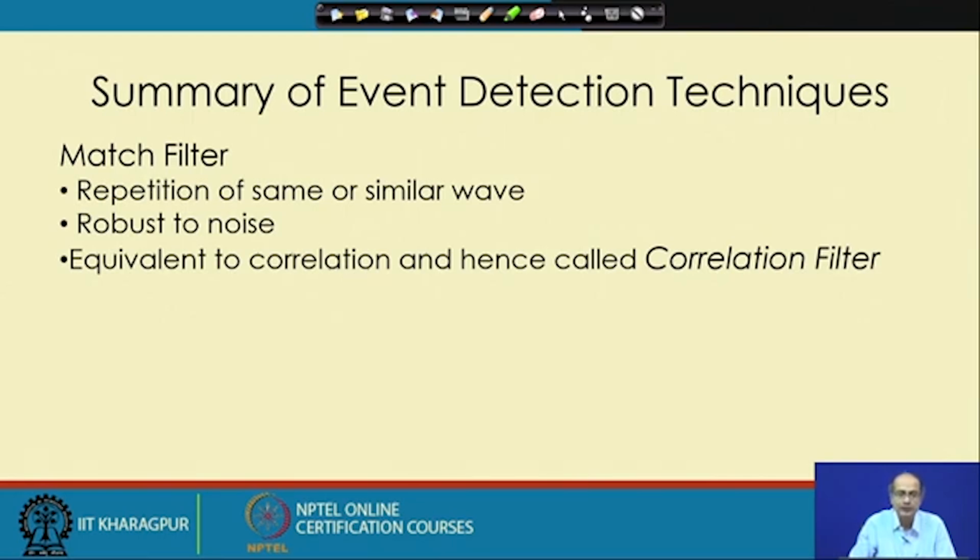So, essentially we are performing the same correlation, but starting from a different point, taking it as the impulse response of the filter, and then performing the task. Okay. So, that is about the techniques we have covered.